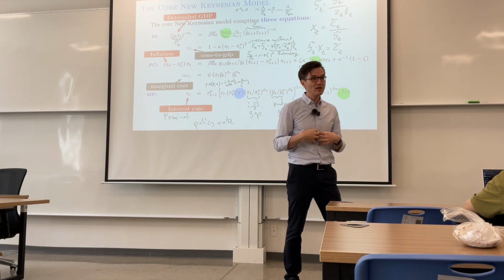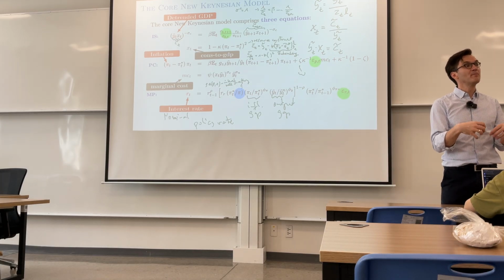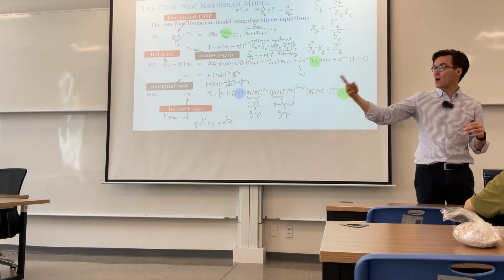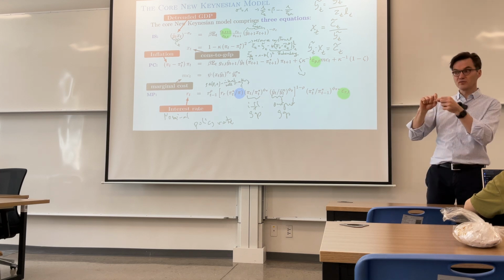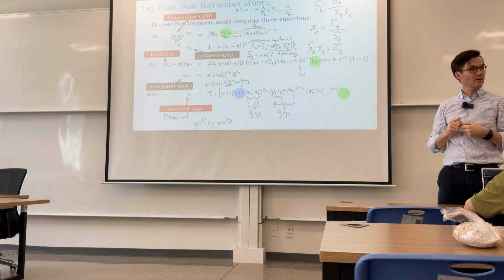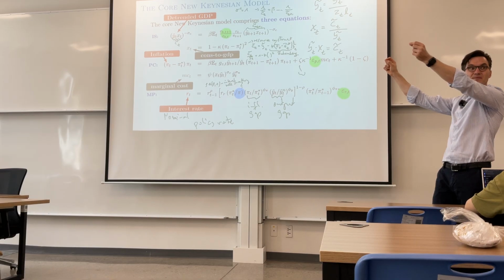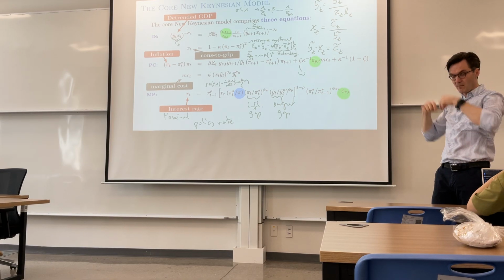Your consumption today is going to say, okay, with some probability I'm going to remain employed, plus with some probability I'm going to go unemployed. Your consumption today features both possibilities in the future, and it determines your consumption today. That's the key: the expectations that I may be employed or unemployed tomorrow factor into your decision of how much you're consuming today.